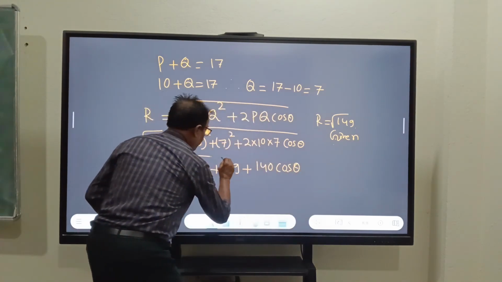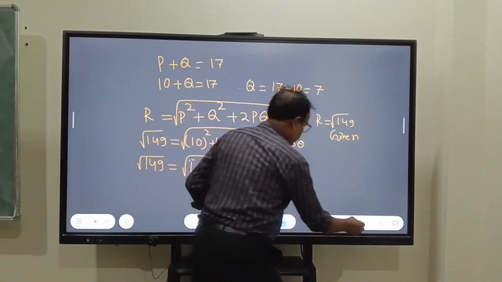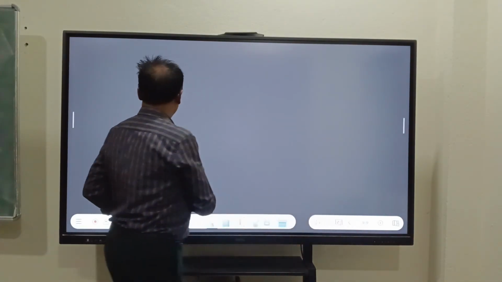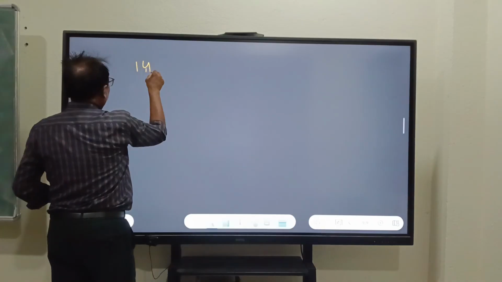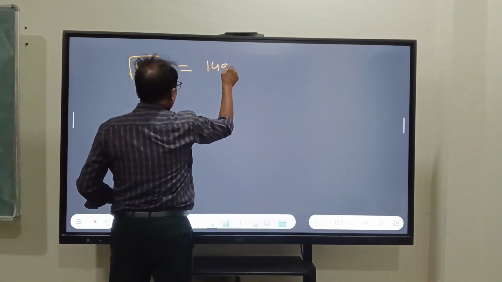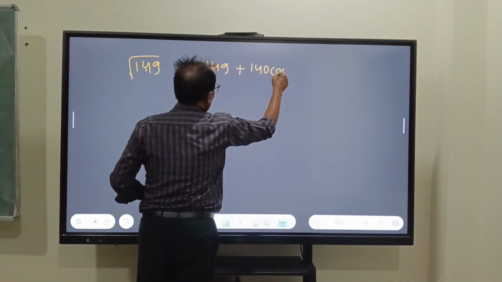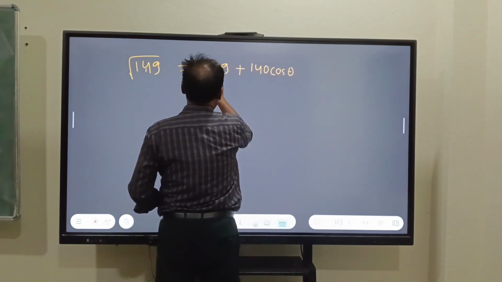Or, root over 149 is equal to root over of 149 plus 140 cos theta.